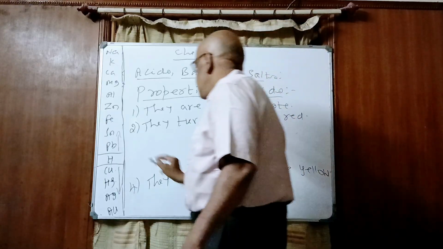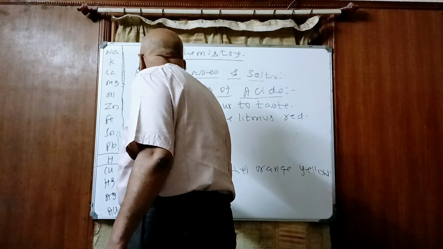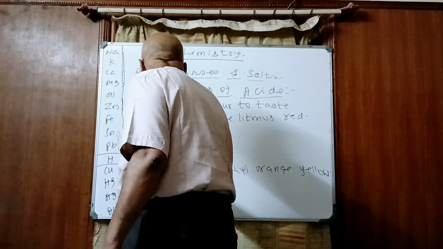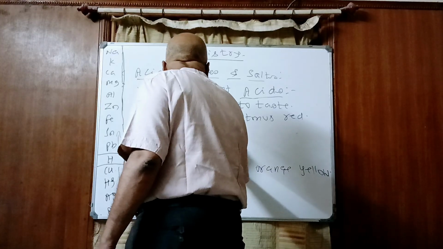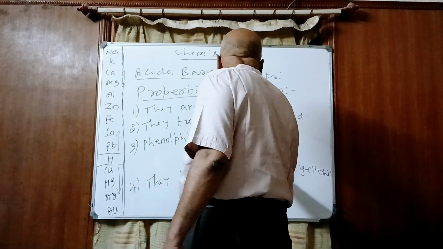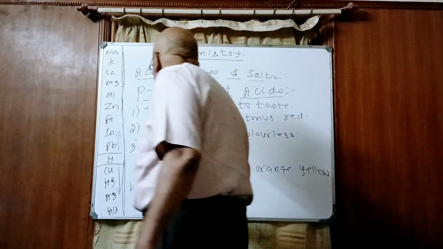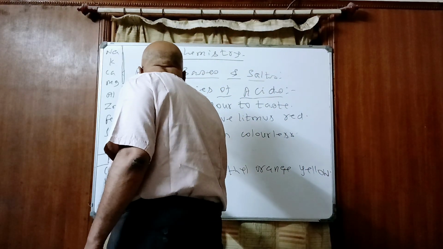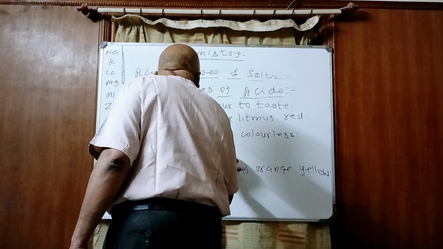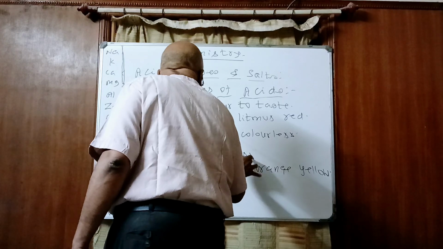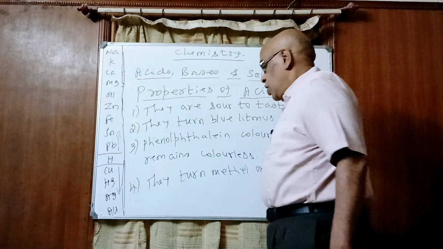Then the third one: phenolphthalein remains colorless. What about the fourth point, children? Methyl orange turns yellow.